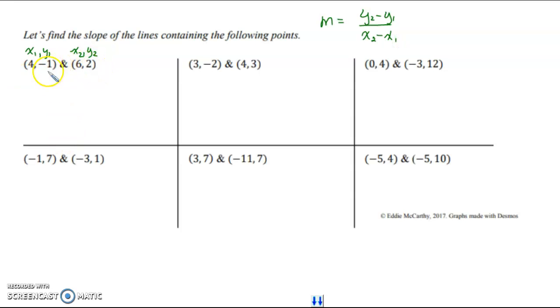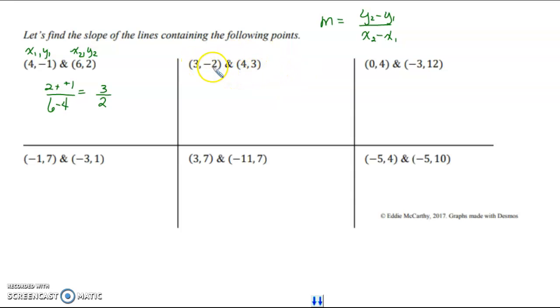So we're going to take 2 minus -1 and 6 minus 4. I have subtraction with a negative, so 2 plus 1 is 3, and 6 minus 4 is 2. Cannot simplify it, and remember, slope is never a mixed number, so this is our slope.